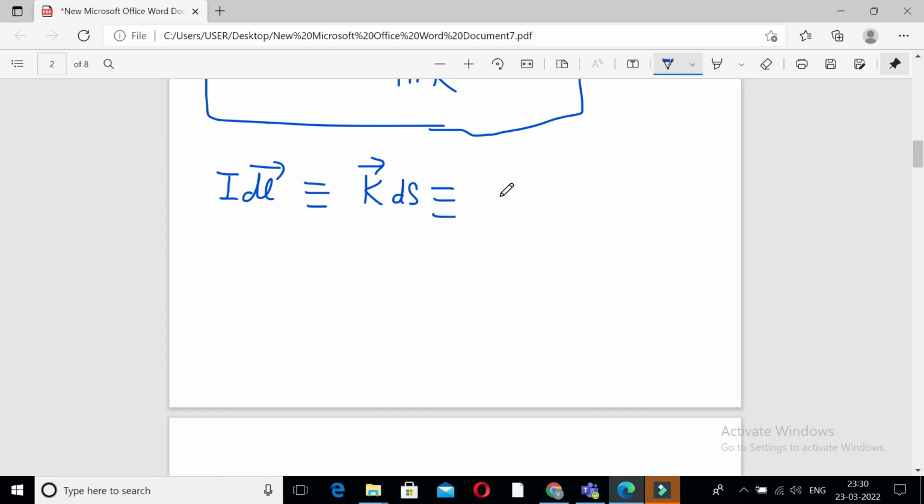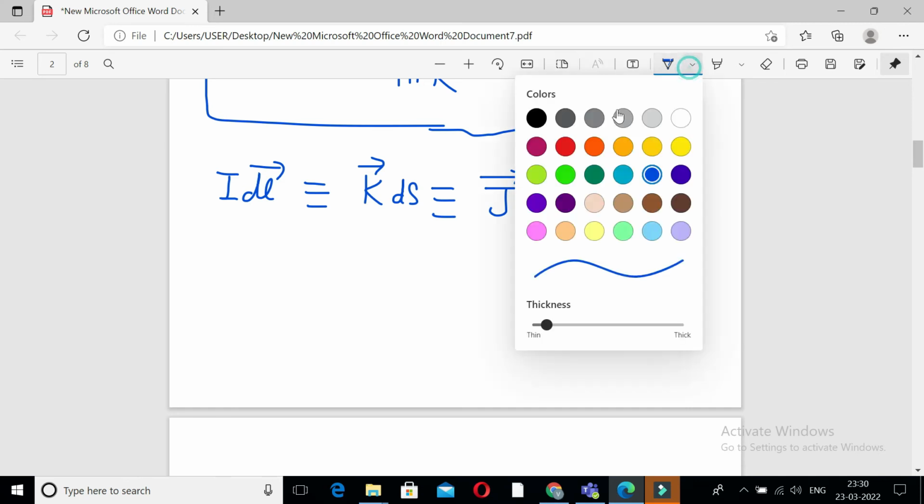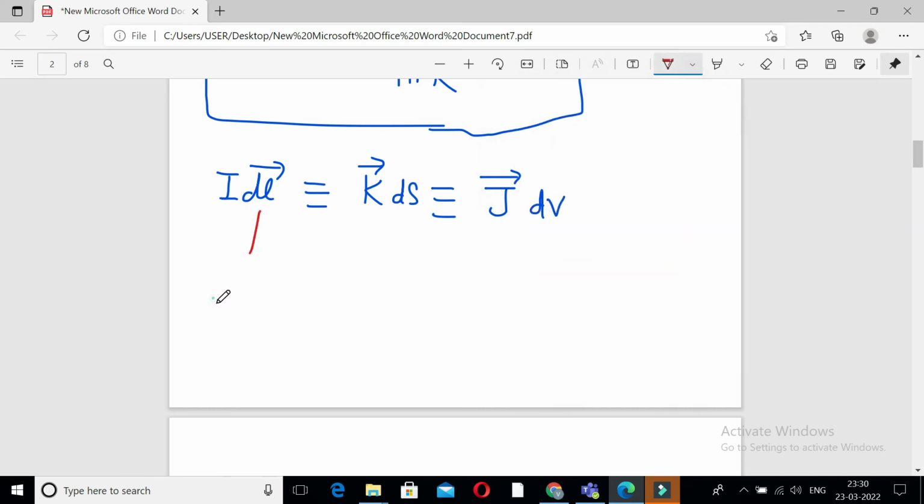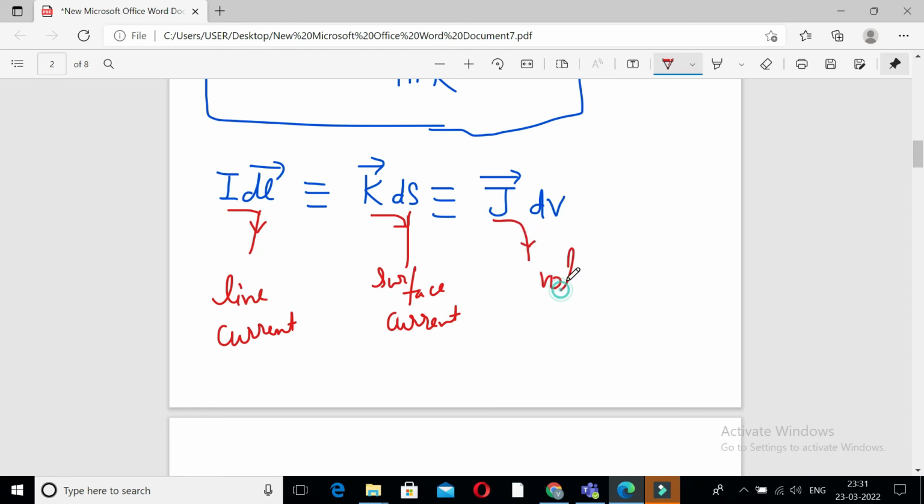For volume current, it must be equal to J into dv. Volume is also not a vector quantity. So here I is the line current, K is the surface current, and J is the volume current.